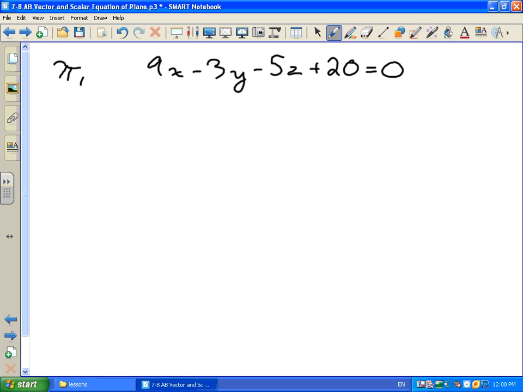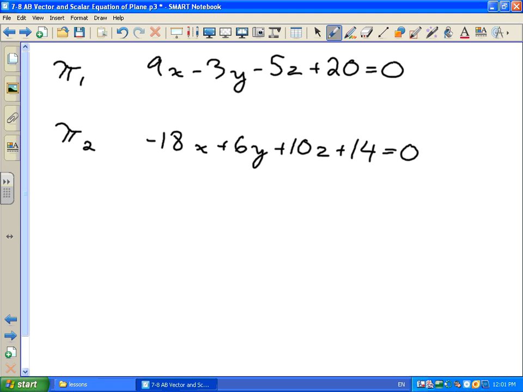We know how to go from the vector equation to the scalar equation, so if we had done that procedure and gotten the scalar equation of plane 2, we would have found that it was negative 18x plus 6y plus 10z plus 14 equals 0. You'll recognize A, B, and C from the normal that we found by doing the cross product.